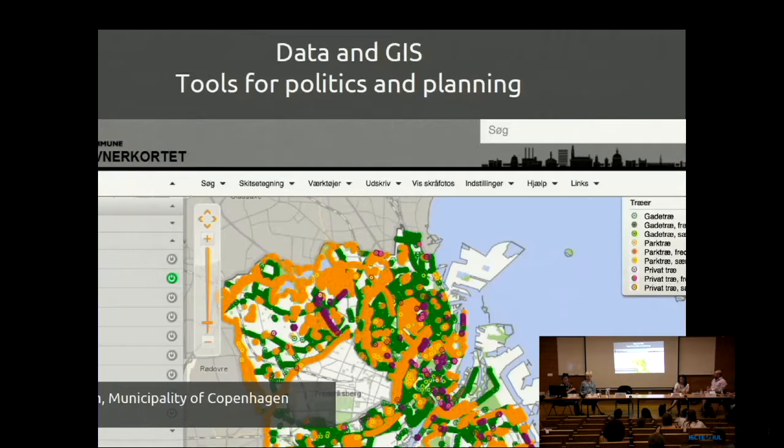But what we also wanted to highlight here is that there's a concept called spatially enabled society, pointing out that there are more and more geodata being used by the citizens. Everybody has a GPS on their phone. The municipality is using more and more data in their work. So this is also important to ask how they are using it.